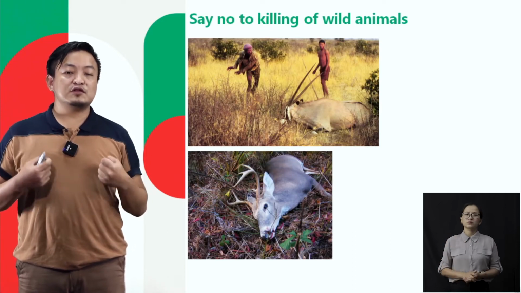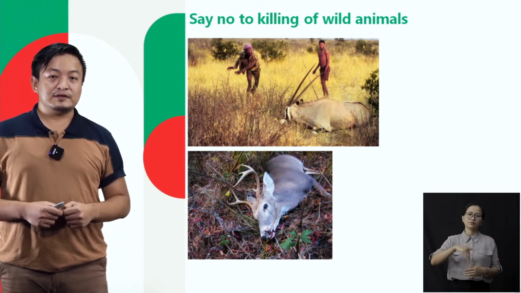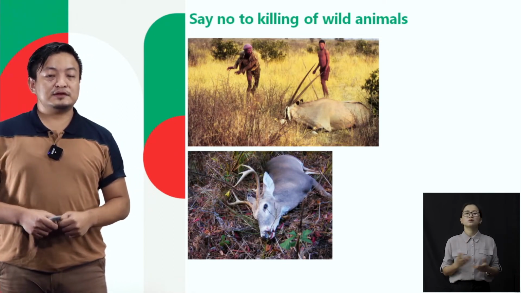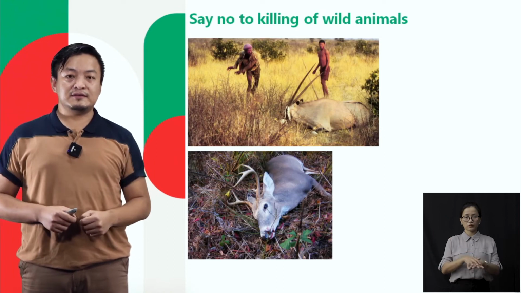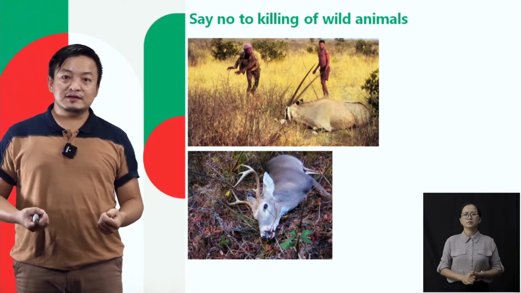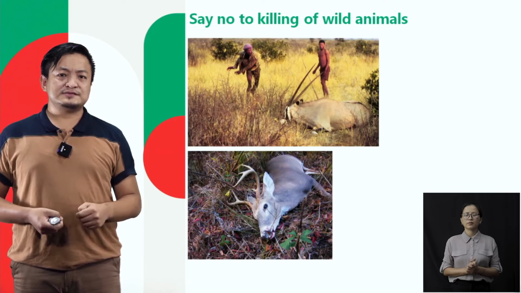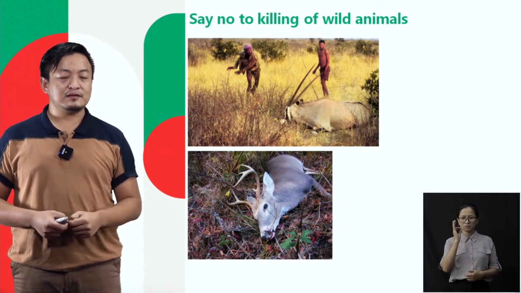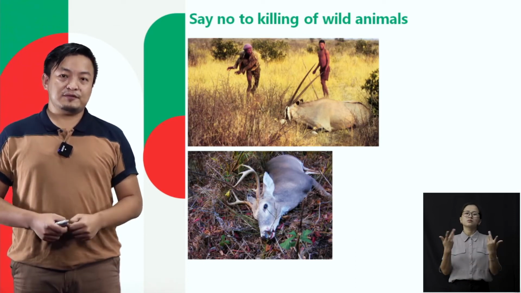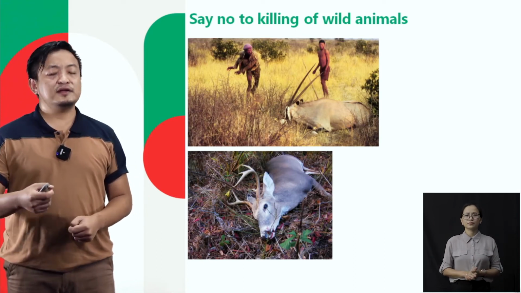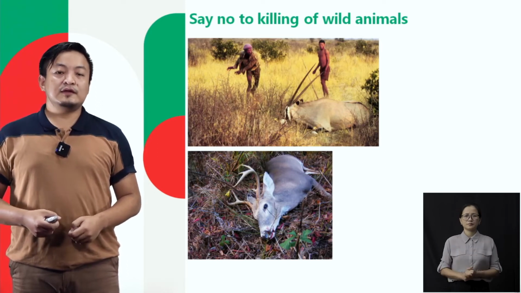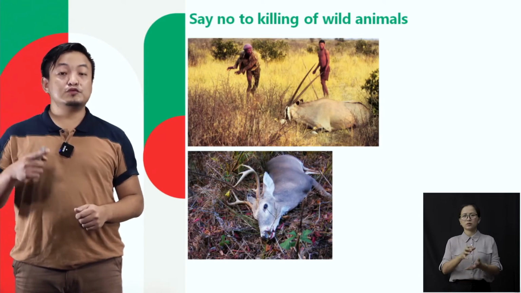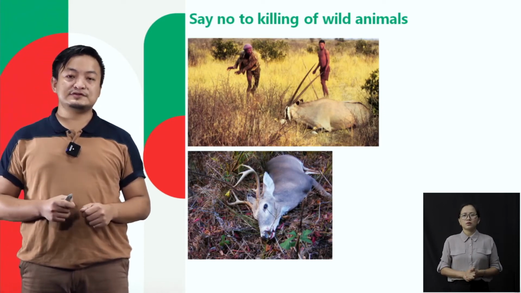So where do these clothes come from? Where do the woolen clothes come from? It comes from animals, right? Now, students, milk is very healthy. It is very important for our health, right? So where does milk come from? So we have many examples. Okay, so we should say no to killing of wild animals and we should spread this awareness.